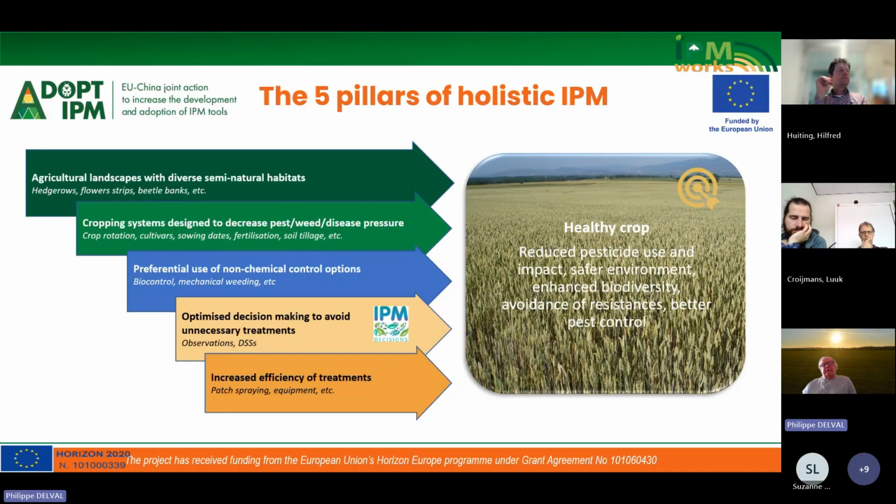The third one is to prefer non-chemical options like biocontrol, mechanical weeding, and so on. The fourth one is to optimize decision-making to avoid unnecessary treatments. And the last one is to increase the efficiency of the treatments with pesticides, but also biocontrol products.